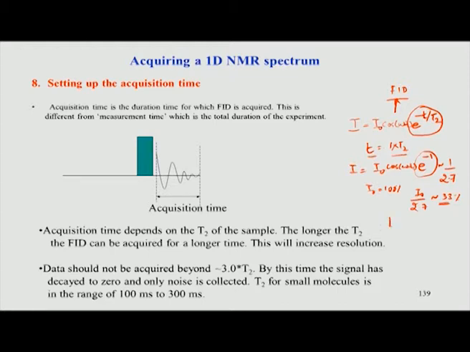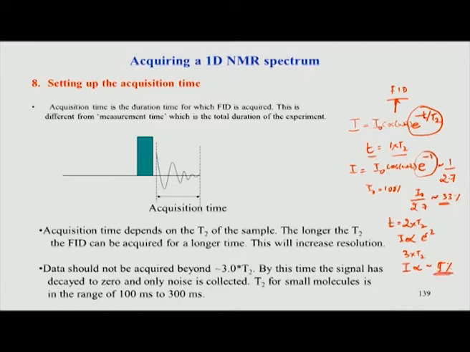Now, if I take t equal to 2 times T2, then I is proportional to e raised to minus 2, which is now further down by the square of this, about 10%. So, in about 3 times T2 the I will be almost 5%.